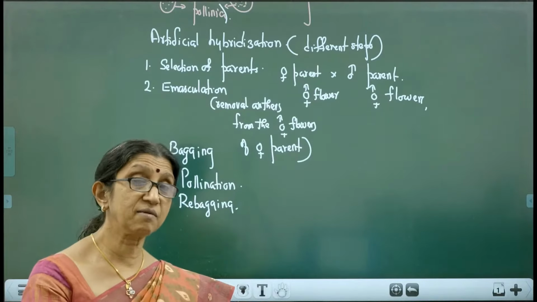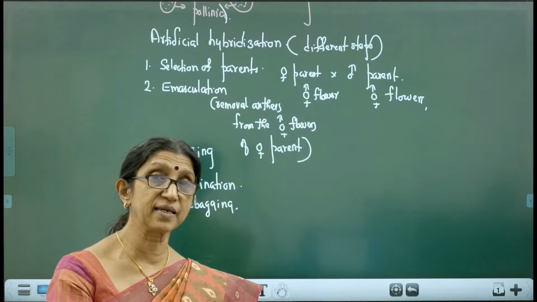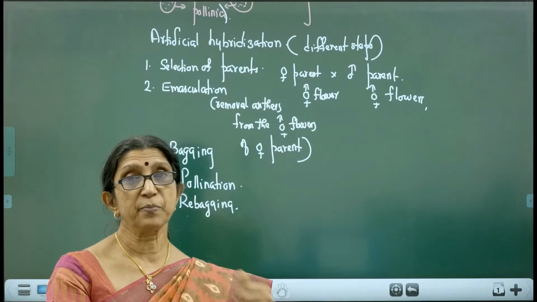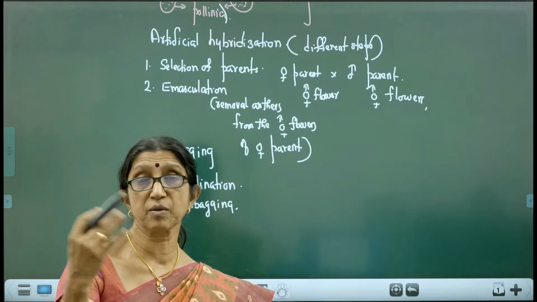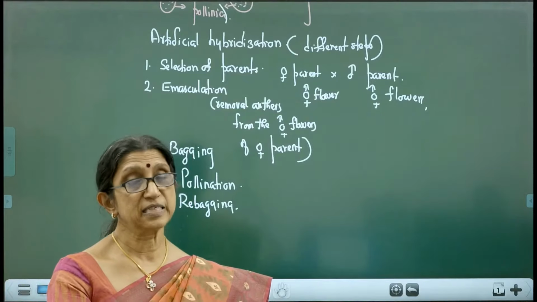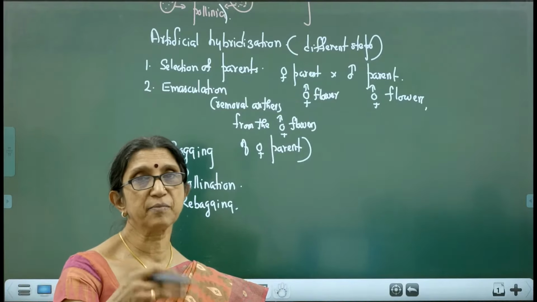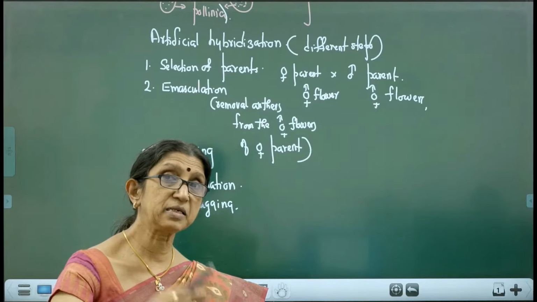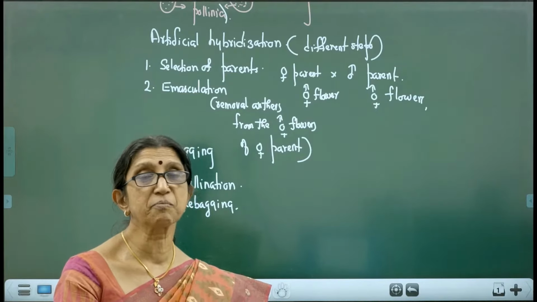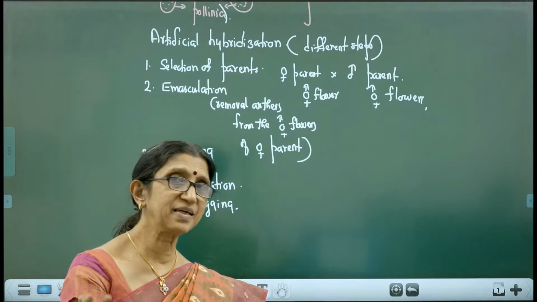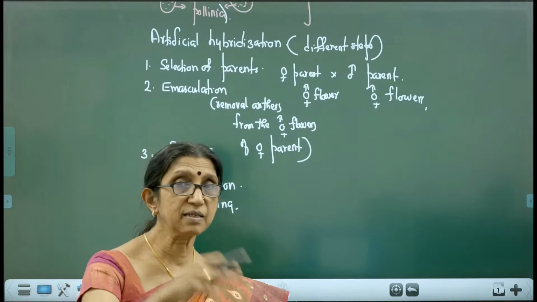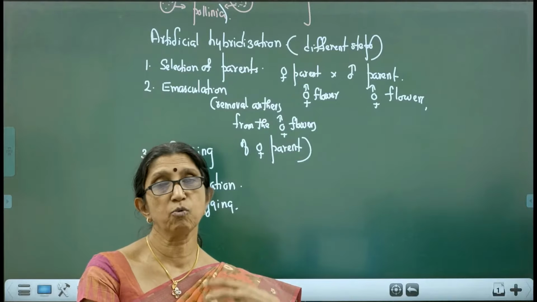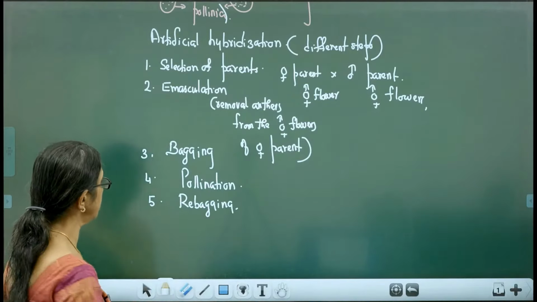Now what is the need of putting the bag once again? See, the pistil can receive pollen grains from any other outside plant as long as it remains in a receptive condition. When it loses the receptivity, the stigma becomes dark in color. By that time, we can remove the bag. Until then, we should keep the bag over the pollinated flower.